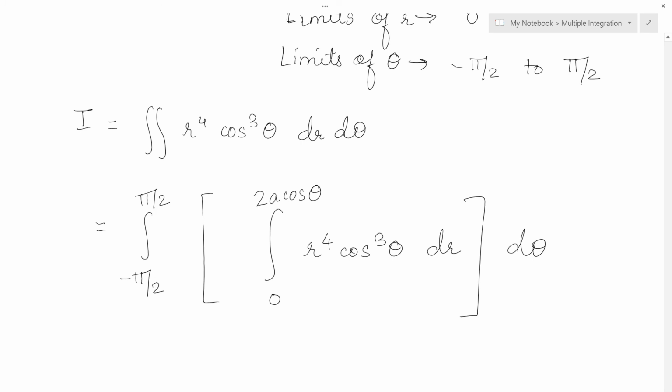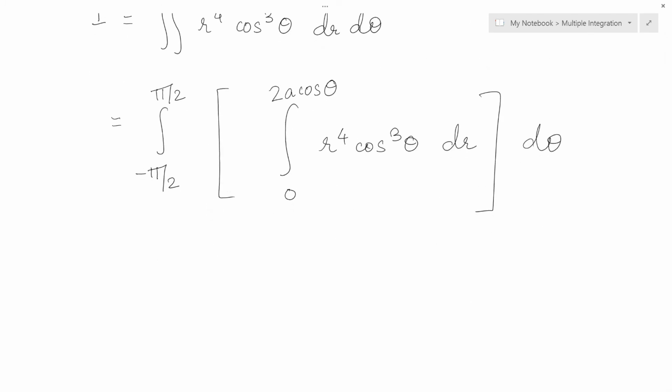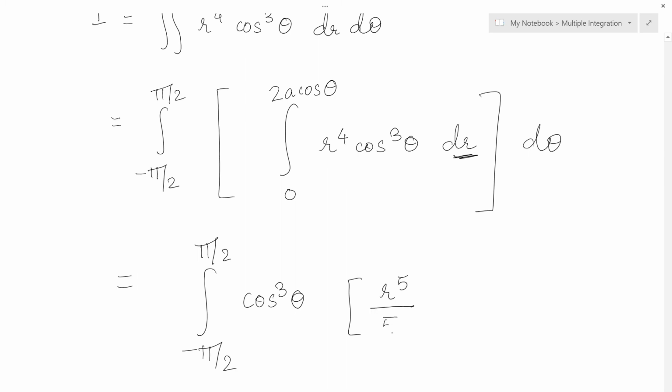So first of all, cos cube theta you can take outside the integration. So let me take this cos cube theta outside the integration. Sorry, we are integrating with respect to r. So take cos cube theta outside the integration and you will be integrating r raised to 4, right?